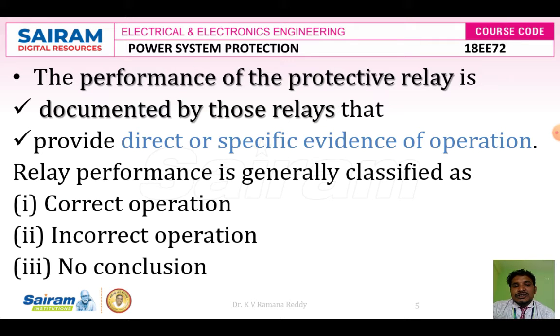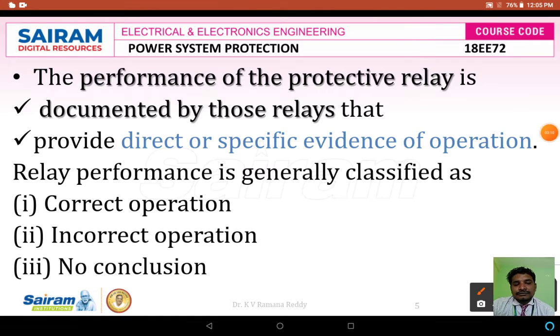So the performance of a protective relay is documented by those relays that provide direct or specific evidence of operation. The performance of a protective relay we can identify based upon the relay performance. Therefore, relay performance is generally classified into three categories: one is called correct operation, another is called incorrect operation, and the last is called no conclusion.